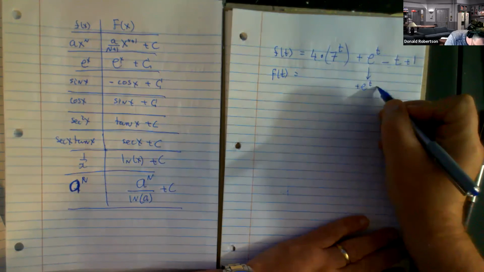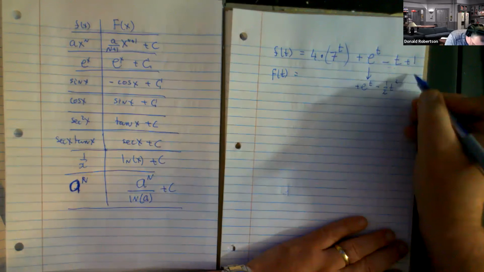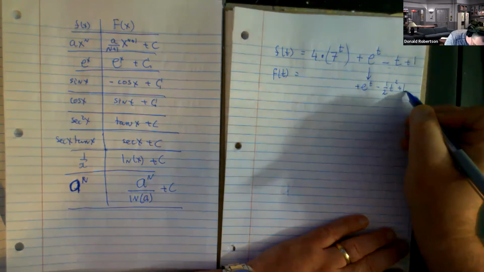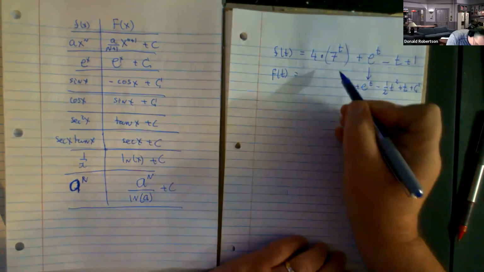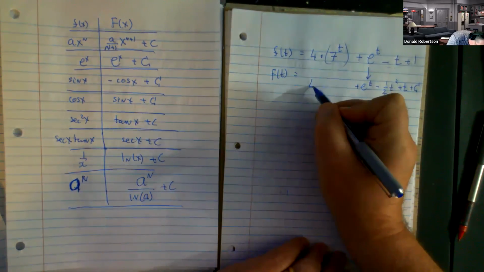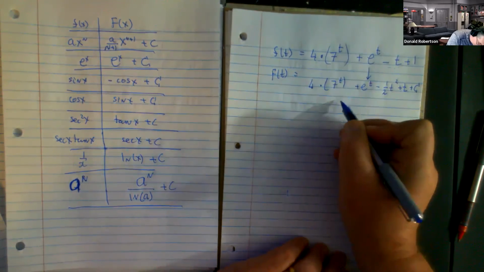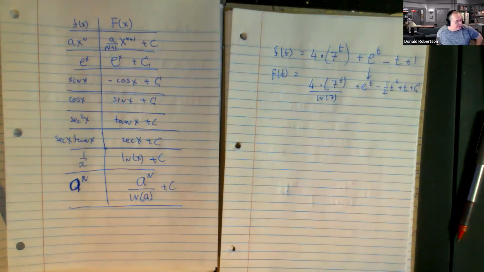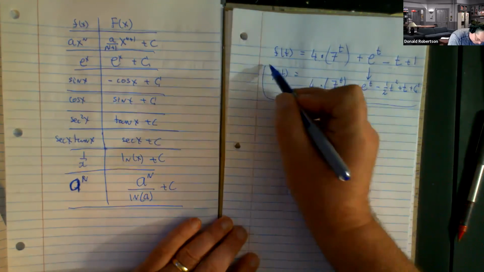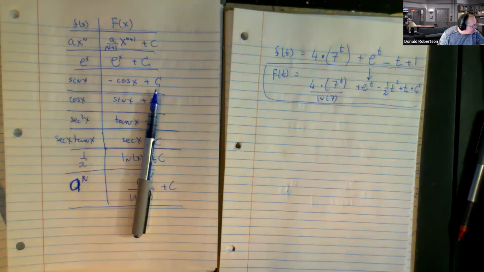This one is a power rule: add 1 to the power, divide by the new power. The number 1 gives me t, and we always finish with plus c. This one is going to be 4 times 7 to the power of t all over the natural log of 7. And there is our antiderivative.